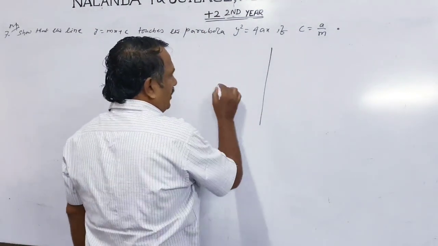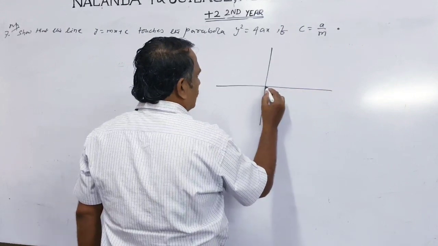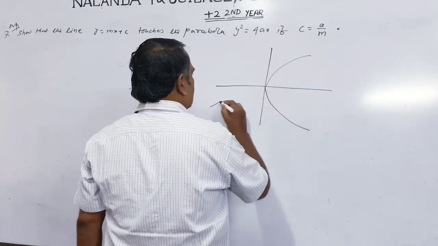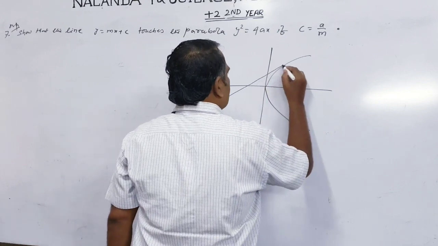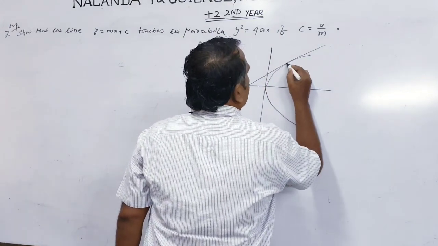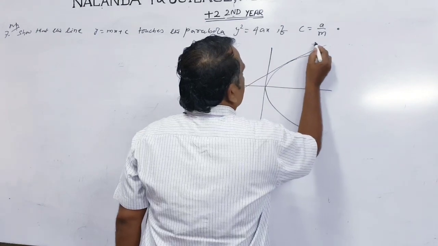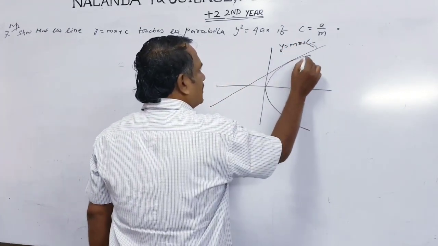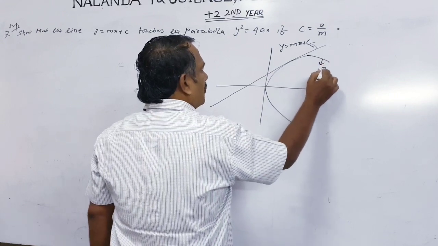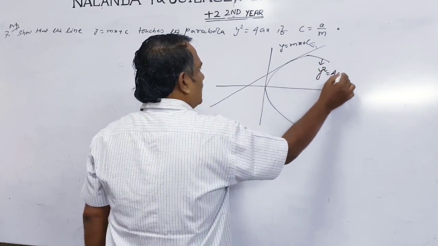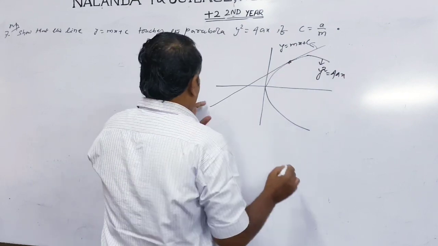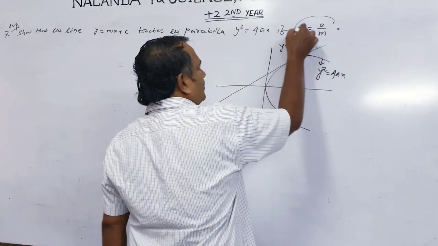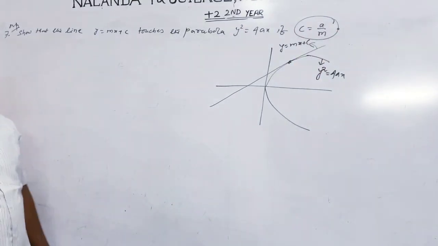Now this is a parabola, and this is a line, y equals mx plus c, and this is a parabola, y square equals 4ax. Now this line touches the parabola. The condition is, if c equals this one.